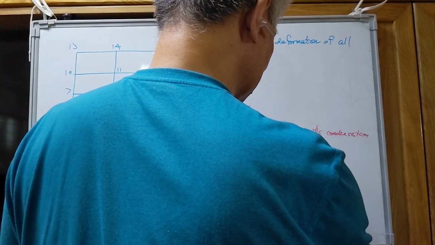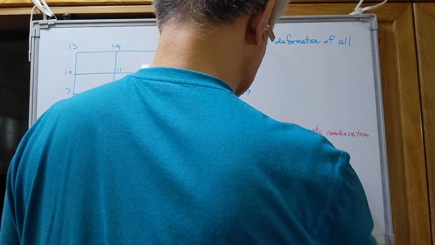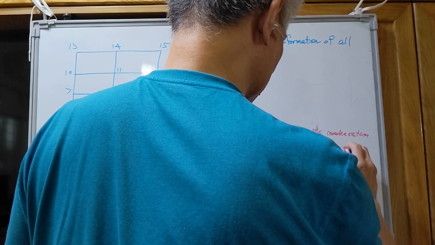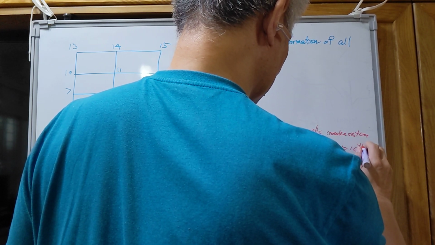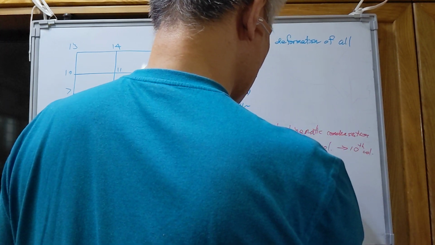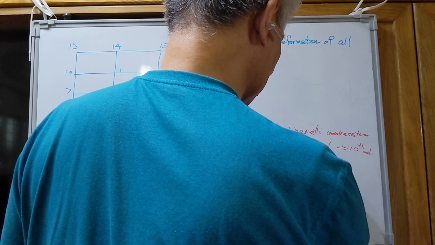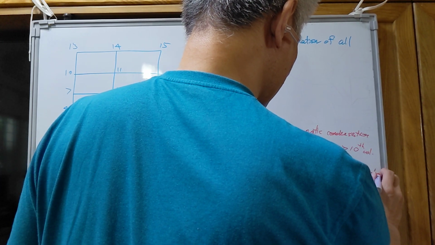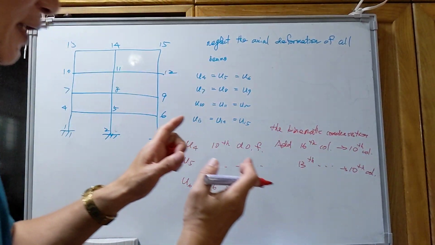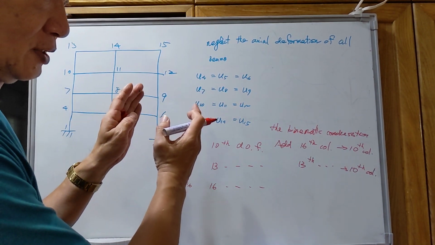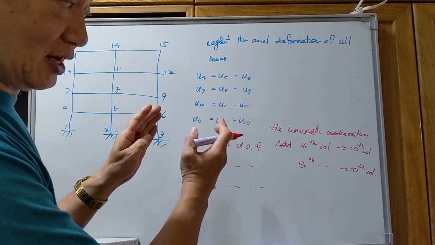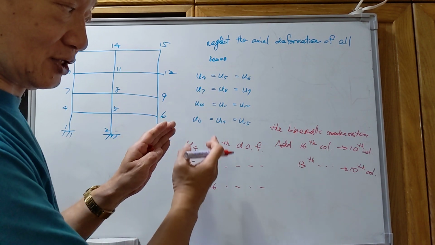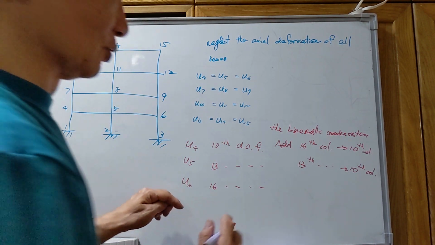You need to add the 16th column to the 10th column, and also the 13th column to the 10th column. You add the original 16th elements to the 13th. You need to add the 13th column to the 10th column.